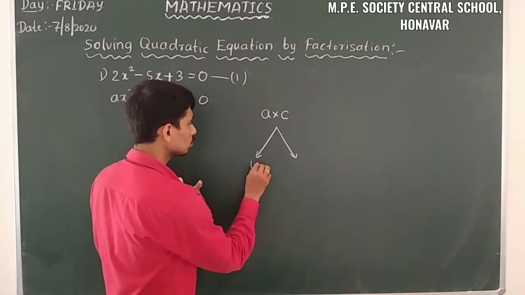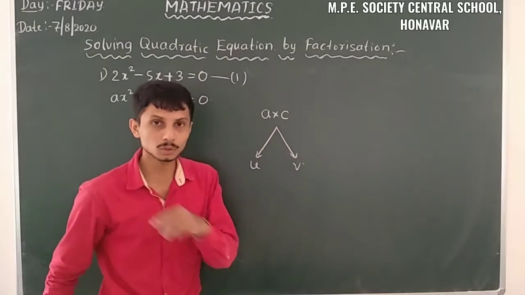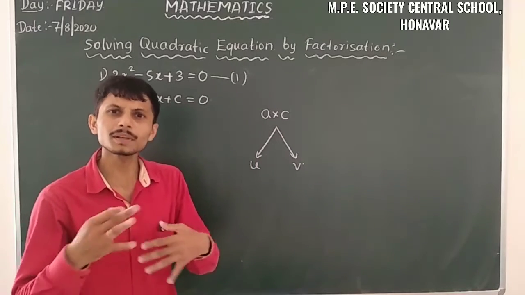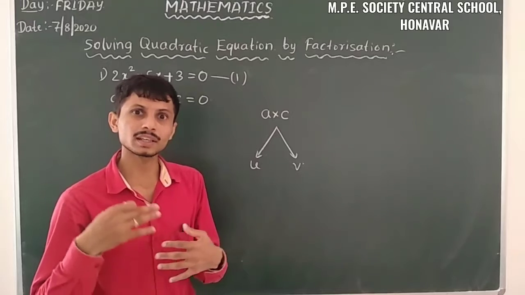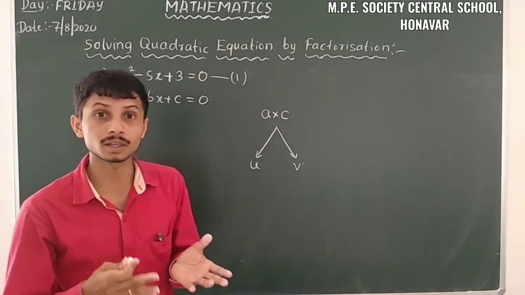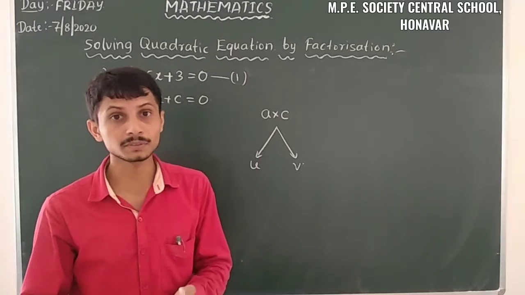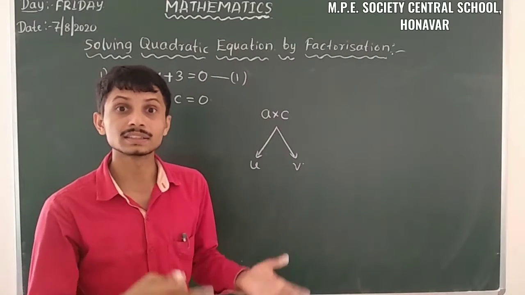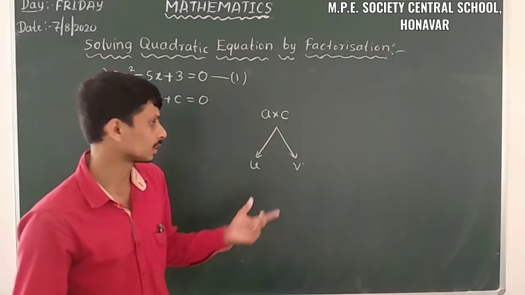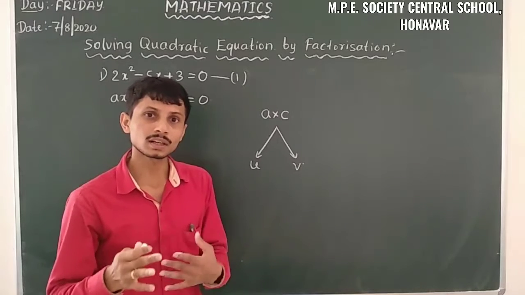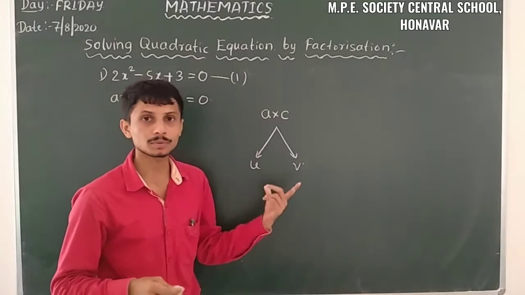I will take them as u and v. So u and v are the factors of a into c. We can take any factors. With the value 30, we can take 1 and 30, 2 and 15, 3 and 10, 6 and 5 as factors. There are many factors, and this is also one of them.